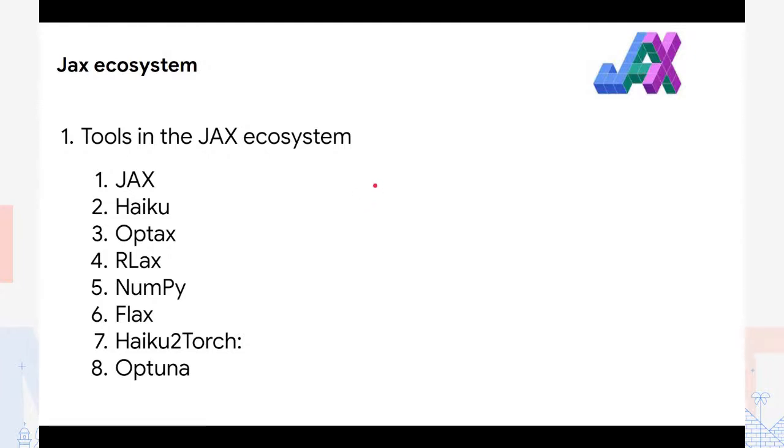And as I mentioned in the last session, deep learning is just a very tiny part of what JAX really does. JAX is very huge. It's a very computational library or framework, and deep learning is just a small part of it. Those tools help JAX do a lot of computational things, as well as training neural networks and machine learning models.